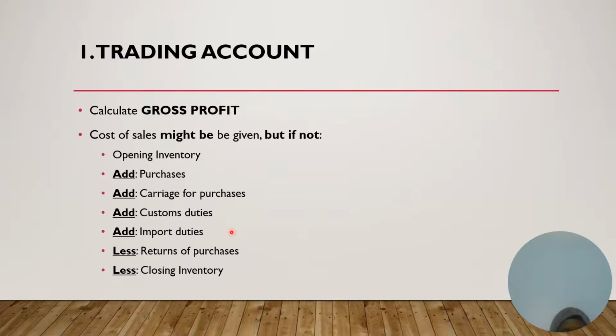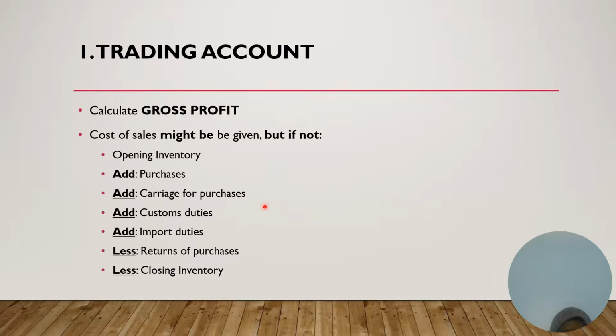And then you also add the import duties. All right. If there are any returns from your purchases, maybe they are damaged goods that you have bought, then you are returning it to the supplier. You minus those returns. And lastly, you minus the closing stock or closing inventory.